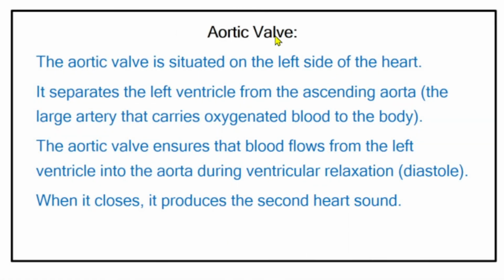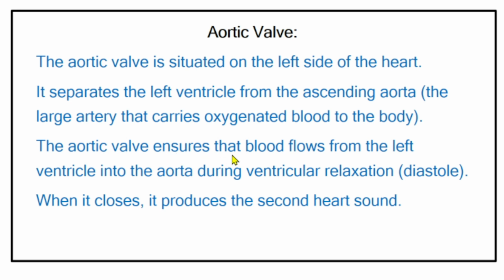Then another valve, the aortic valve, opens into the aorta. When the left ventricle pumps blood into the aorta, the aortic valve will prevent the backflow. The aortic valve is situated on the left side of the heart. It separates the left ventricle from the ascending aorta, the large artery that carries oxygenated blood to the body.